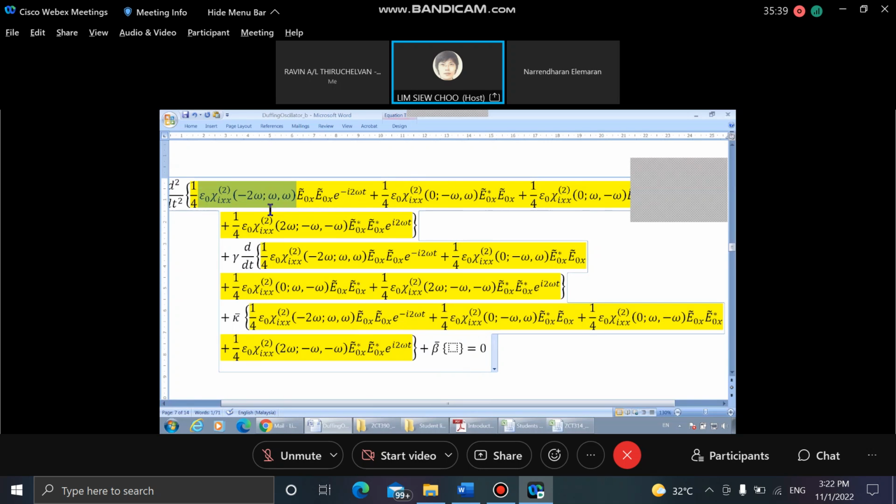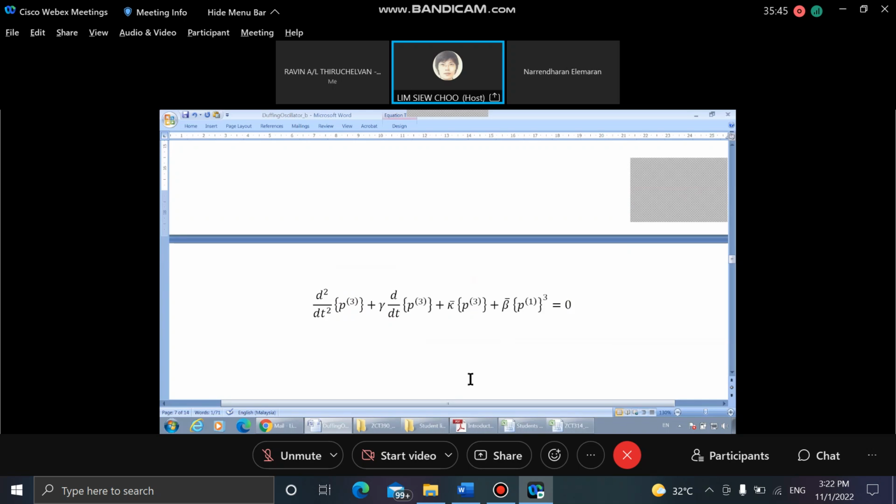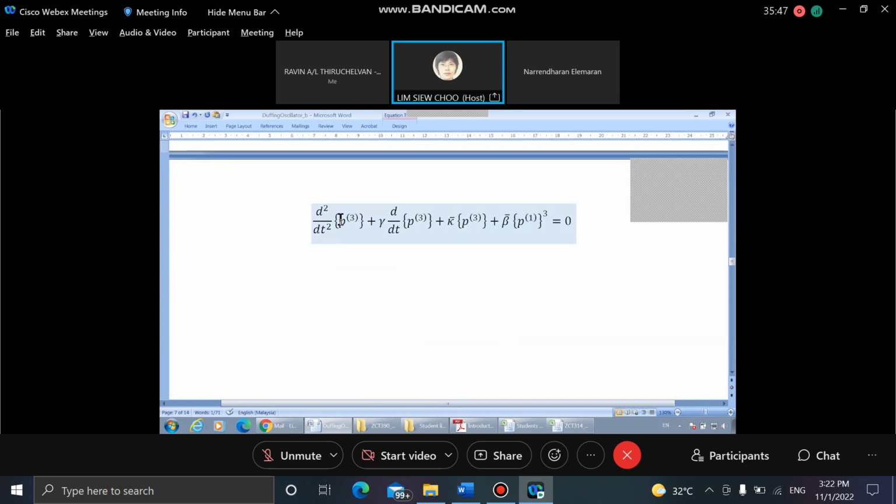Because all these are unknown, but here you got nothing, 0. And then for the third one, just now we solved the E3 in terms of chi3. This is all in terms of chi1, but each P1 will carry 1 E field. Powers of 3, so you have 3 E fields. You substitute, then you can see something complicated.